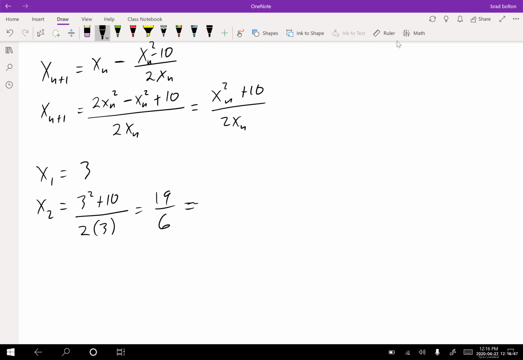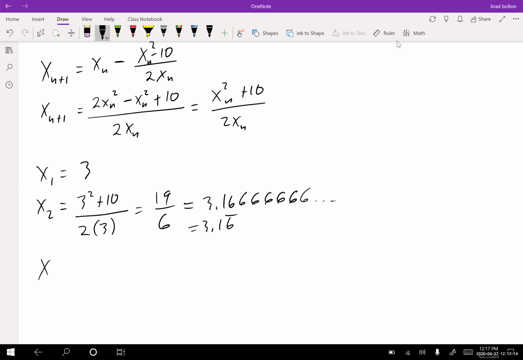This is approximately 3.166666666, and so on. We could rewrite this as 3.16 bar. I guess this is it exactly, actually. Okay, so we have that now.